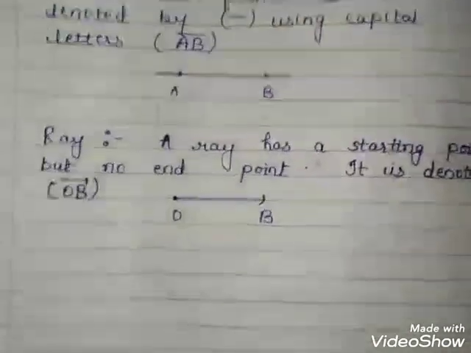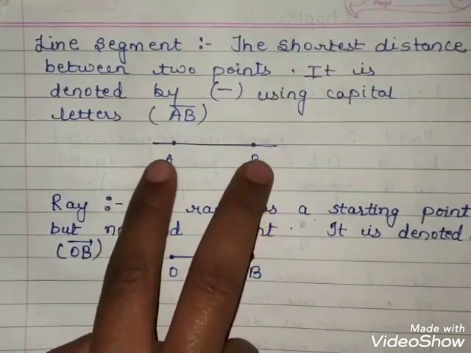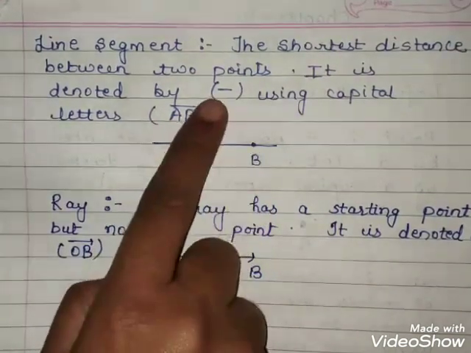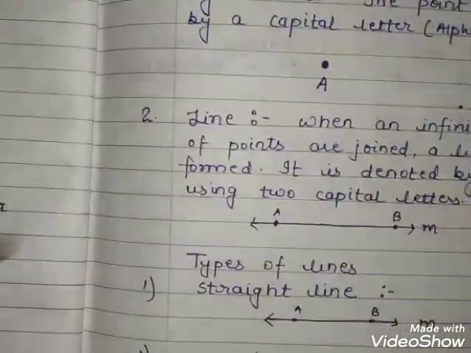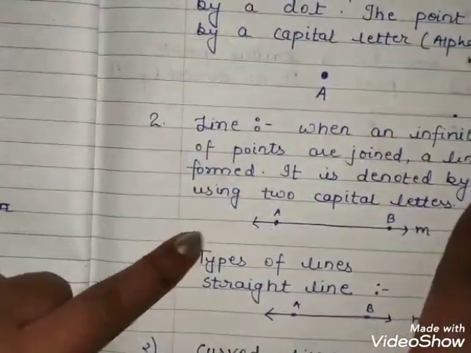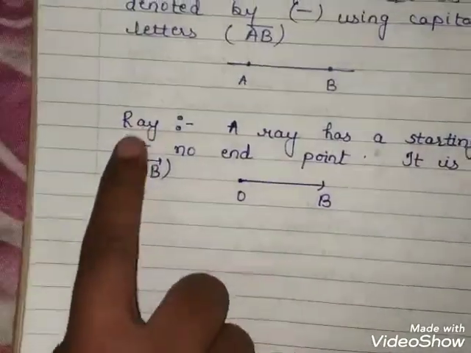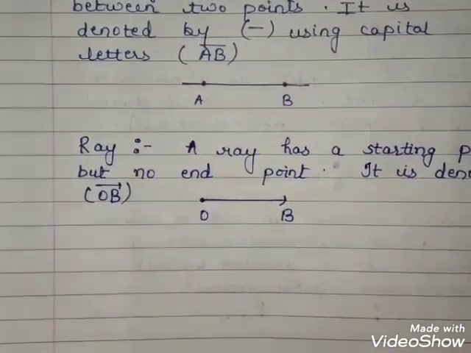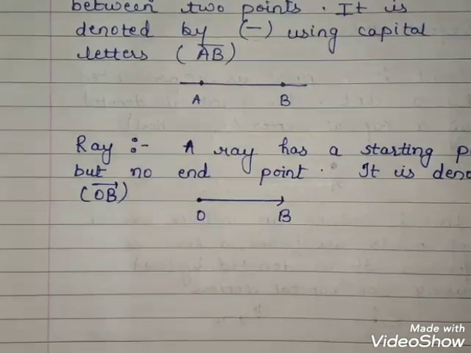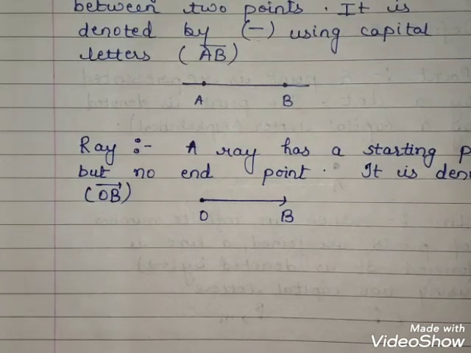In line segment it does not have arrow on both sides. इसमें arrow नहीं होते हैं, ये एक fixed path होता है. और इसको हम denote कैसे करते हैं? लेटर के ऊपर सिर्फ एक सिंगल डैश लगा के. लाइन को हम कैसे डिनोट करते हैं? लेटर के ऊपर ये एरो वाली एक लाइन बना के, राइट? और रे को हम कैसे डिनोट करते हैं? सिंगल साइड एरो वाली एक लाइन बना के, क्योंकि हम रे को किसी एक तरफ से ही एक्सपेंड कर सकते हैं.